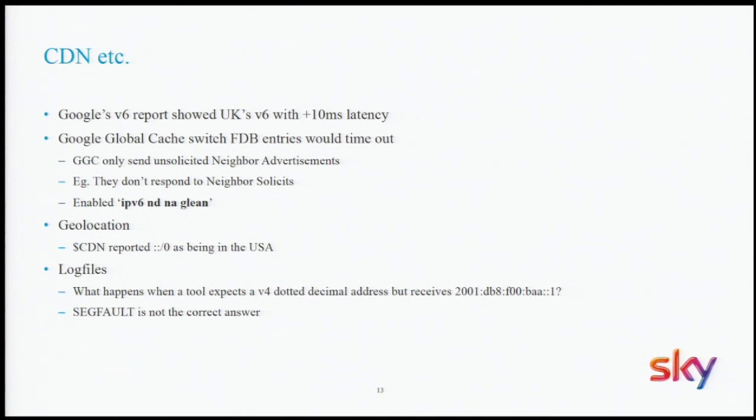So they won't respond to a neighbor solicit, which means the MAC address times out and you lose connectivity and bad stuff happens. Thankfully, the Cisco switches we were using have this little feature, IPv6 ND NA glean, which allows it to glean the MAC address of an unsolicited NA and install that.